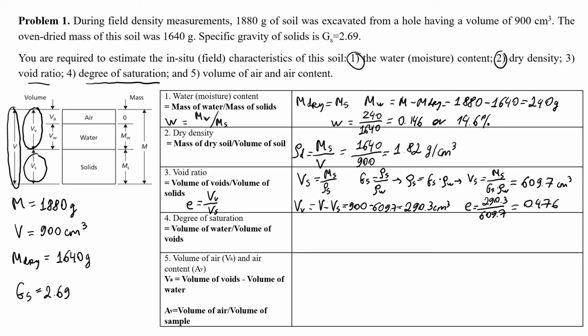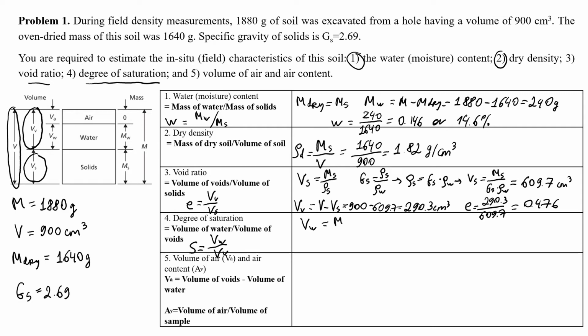Next problem is degree of saturation. So degree of saturation, we use capital S, and it's volume of water divided by volume of voids. In this case, we'll just find first the volume of water. Again, we're going to use the definition of density.